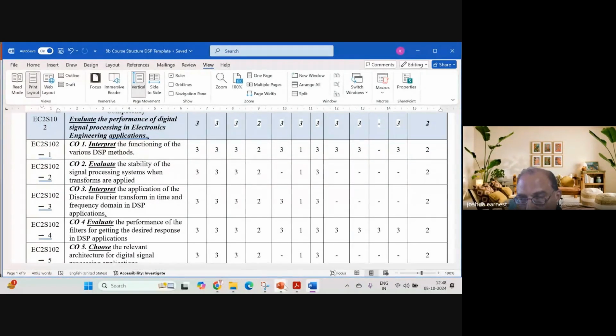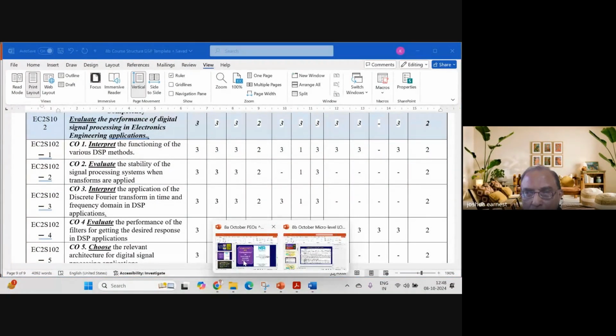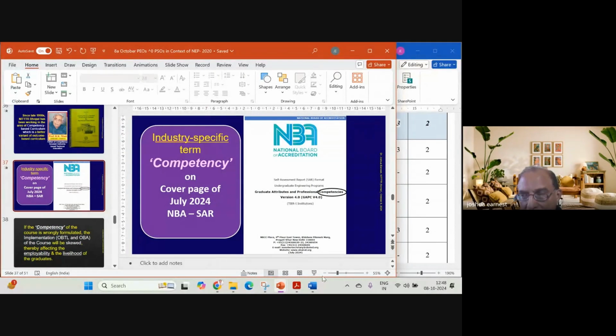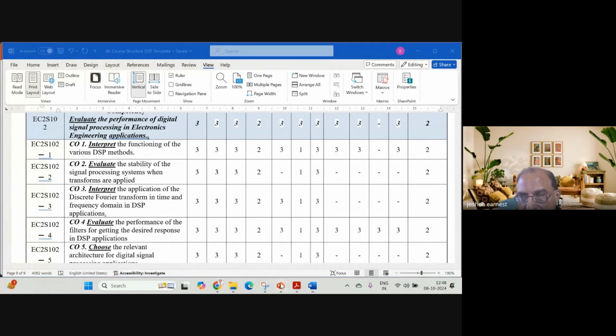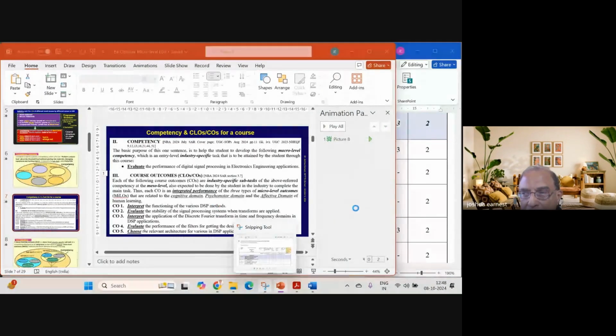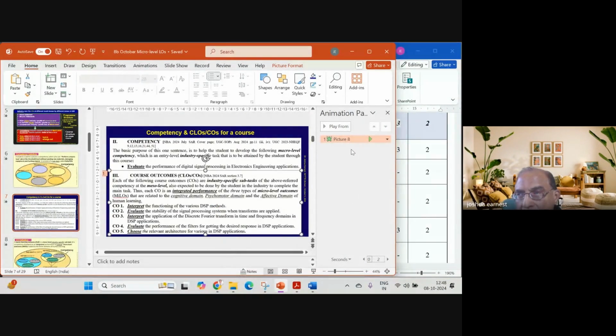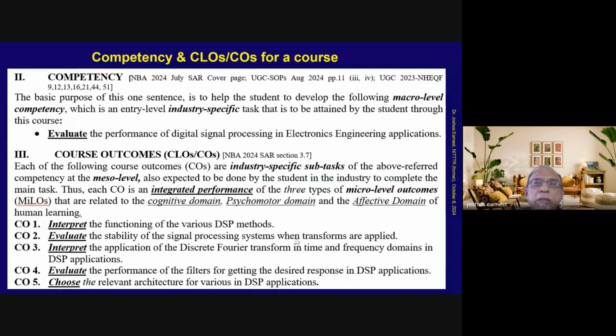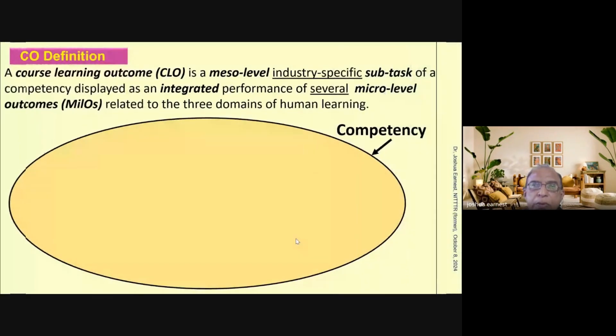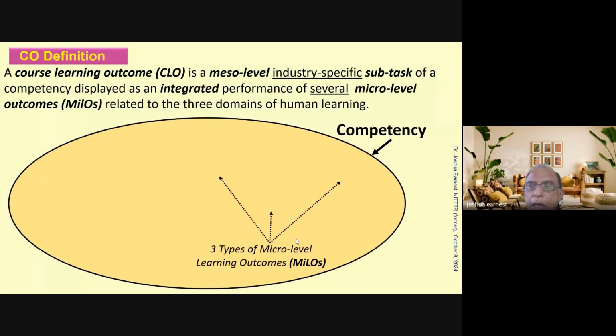Okay, now let us go back. This is 8A. I'll just close this. Yes. So we were here. Now you see what was there in that Word document. I had cut and pasted it here just to show you this. So next. What is the course learning outcome?